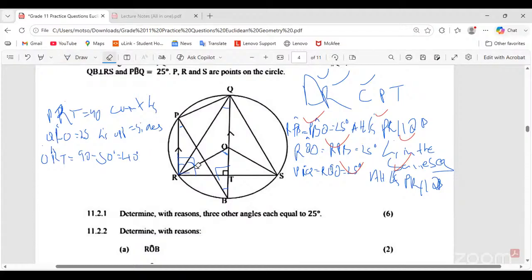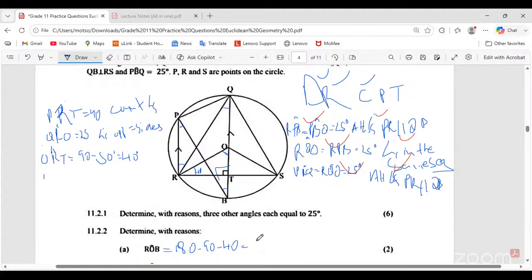Now, we are having this angle here as 40 degrees. Now, to find ROB, which is this one, we will say 180 degrees minus this 90 minus this 40 here. So ROB is equal to 180 degrees minus 90 minus 40.